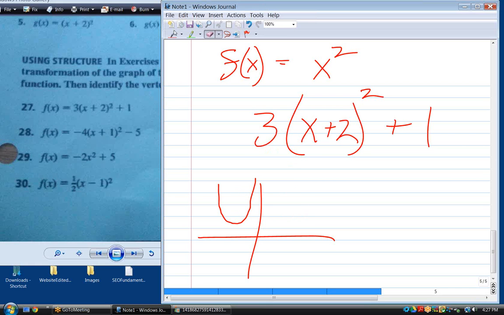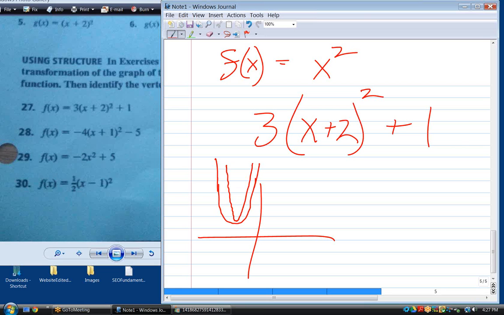Now what's the effect of the 3? Is it a vertical stretch? Yes. What effect does that have on the shape? To make it skinnier or fatter? It makes it skinnier, and rise faster. They both go up to infinity, but that's definitely a skinnier parabola.